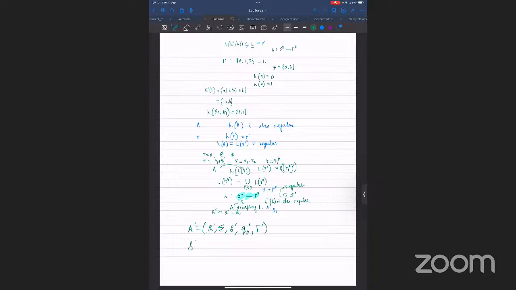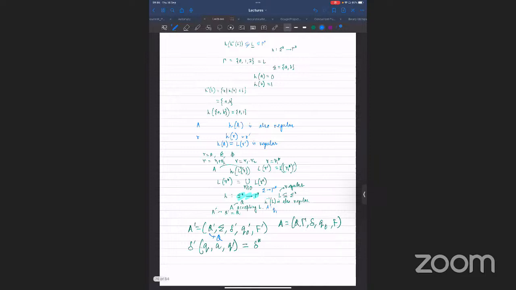Then we have to define delta prime. How are you going to define it? Suppose delta prime of Q, a, Q prime should be delta star, where A equals Q, gamma, delta, Q0, F. We have already said that here Q prime is the same as Q. What about the F prime?